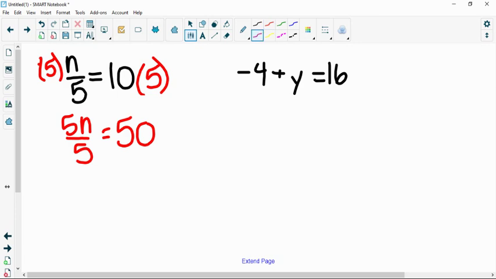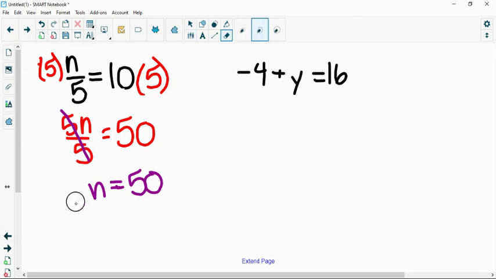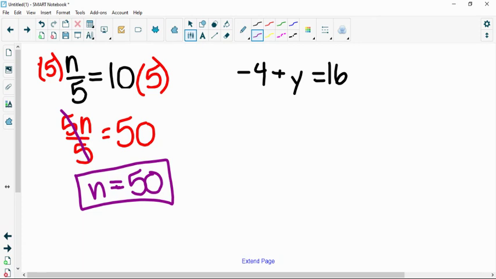What you could have done is, instead of showing this 5 on top and 5 on bottom, you could have shown that they reduced down to 1 n. But then again, we don't leave that 1 in front. So n equals 50.